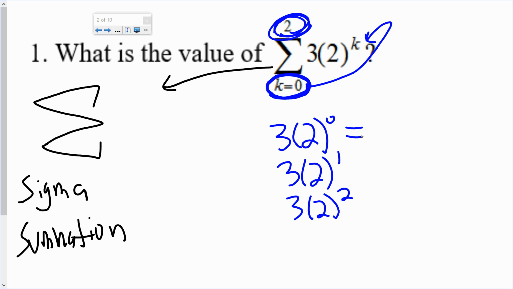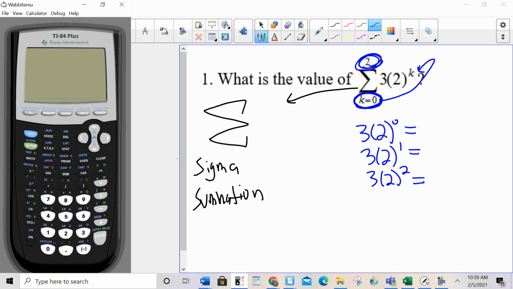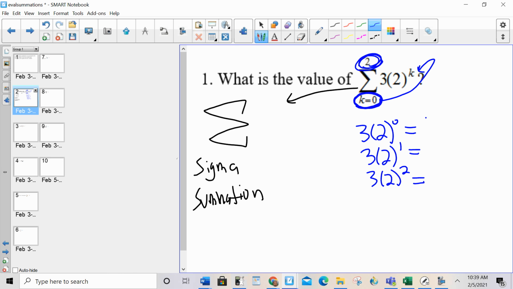I evaluate each of them. I can use the calculator if I need to. Let's just do that in case you're not able to do it mentally. 3 times 2 to the power of 0. 3 times 2 to the power of 1. 3 times 2 to the power of 2. 3, 6, 12.